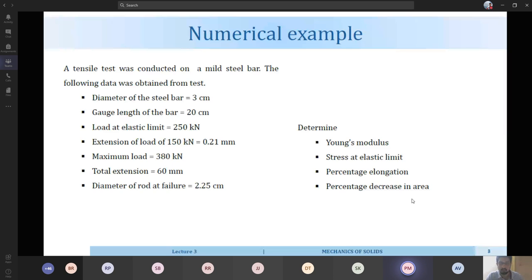Is it 30%? Yes, 30%, already calculated. It is delta L by L. Okay, fine. Similarly, we can move to the next question.